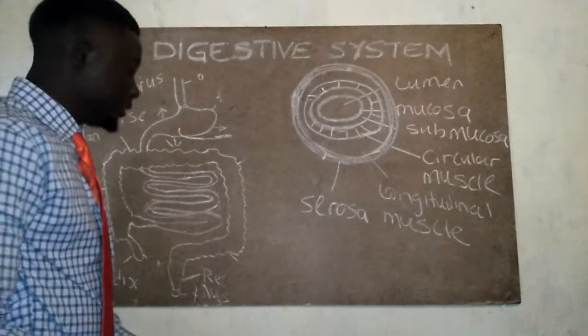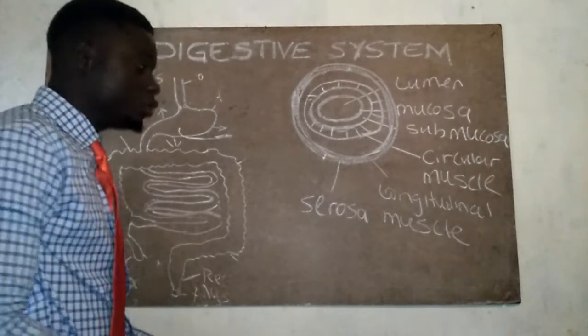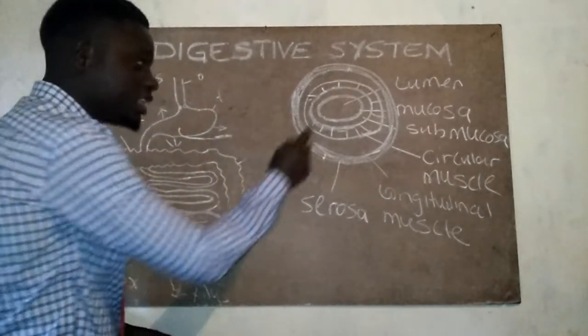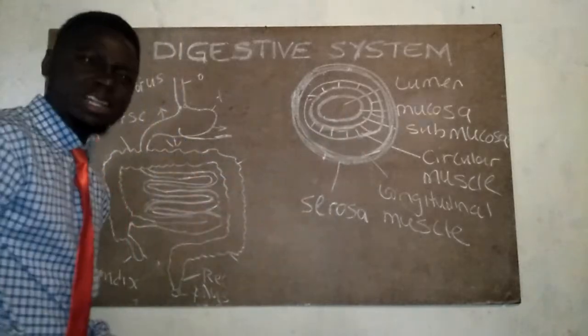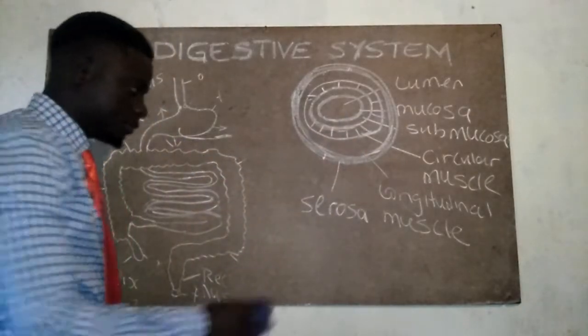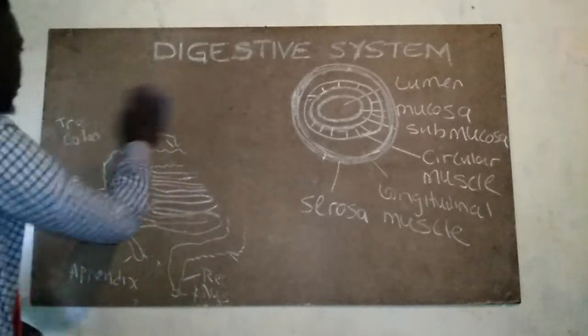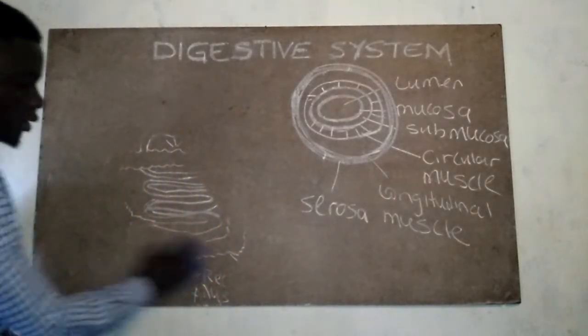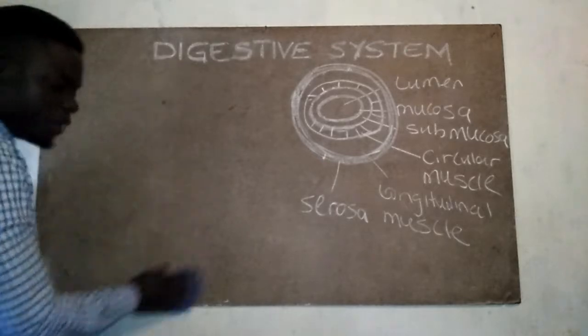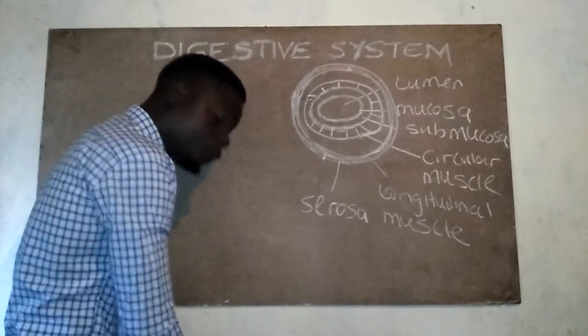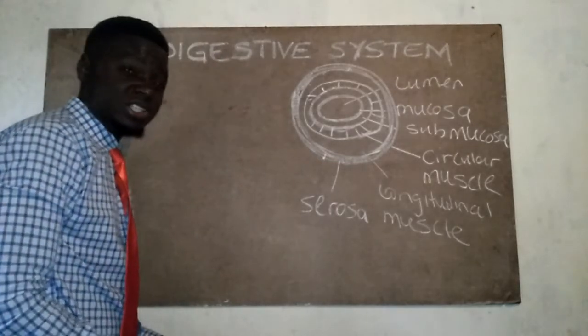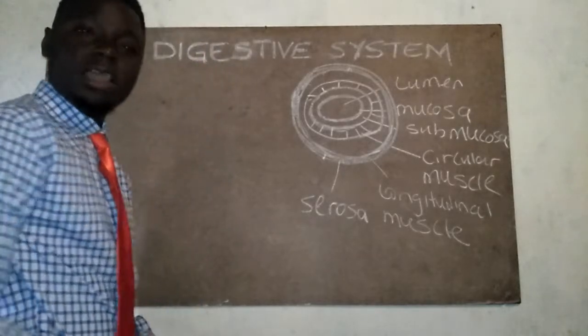Now, as well as that, it is also important to look at this in a little bit more detail. Have you ever wondered where most of the absorption takes place? Of course, absorption takes place in the villi.